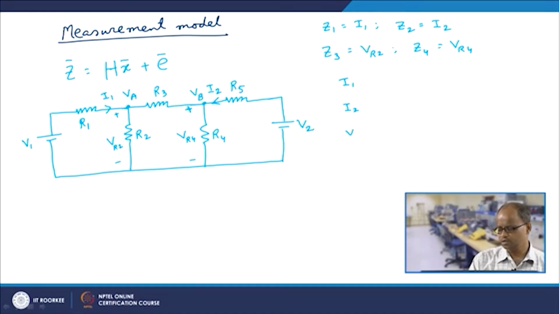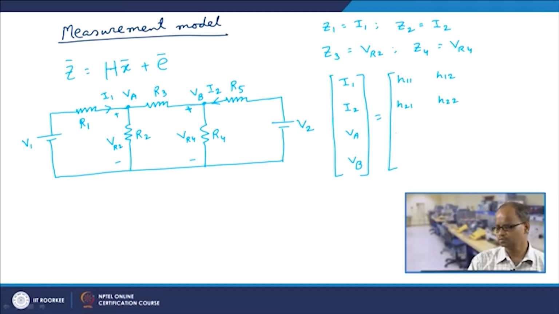So, then therefore, we say that for VA, VB, we have to now find out this matrix, which is essentially H11, H12, H21, H22, H31, H32, H41, H42 into V1, V2.